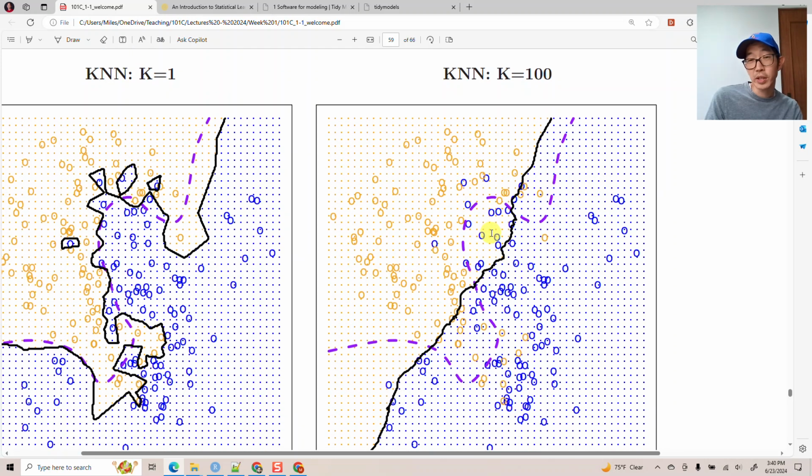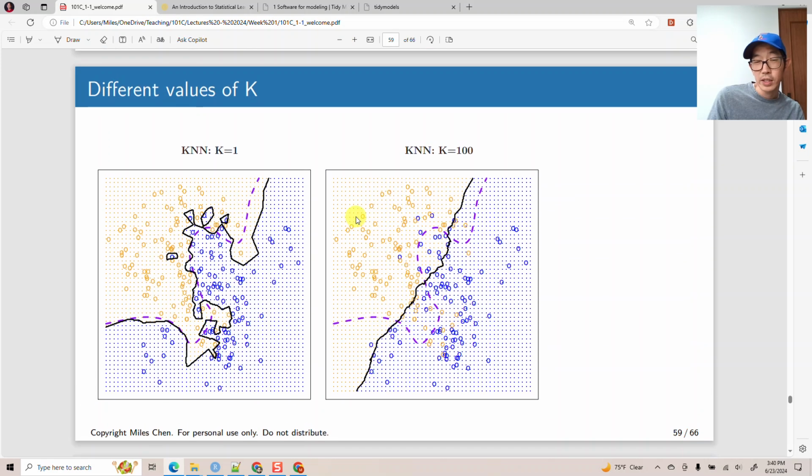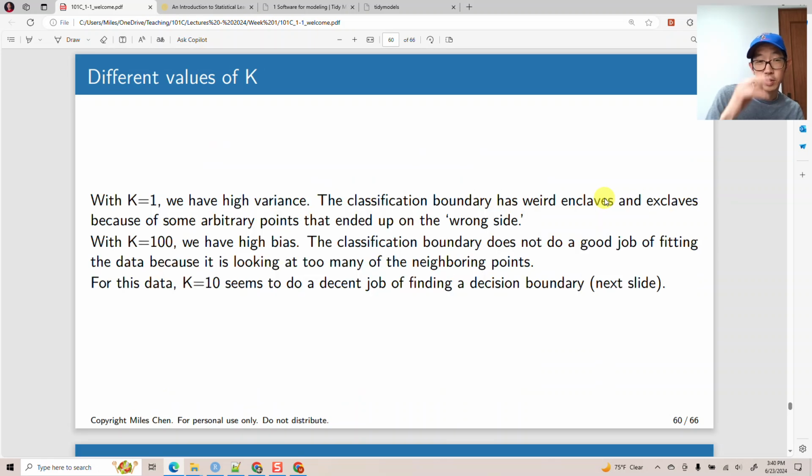So with k equal to 100, you have the opposite problem: less variance, but high bias. So k equal to 1, we have high variance. The classification boundary has weird enclaves and exclaves because of arbitrary points that ended up on the wrong side.